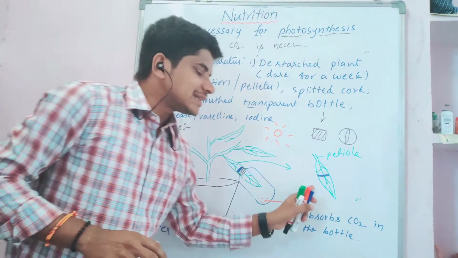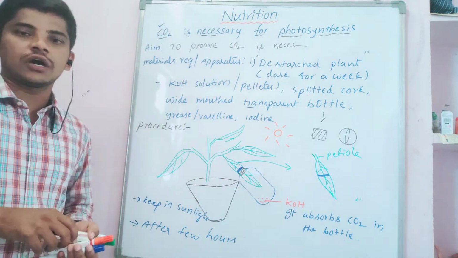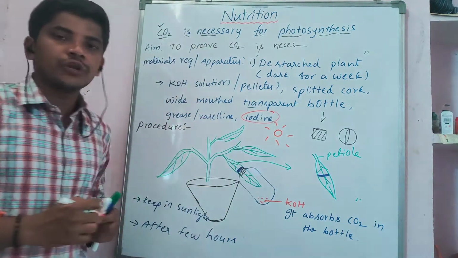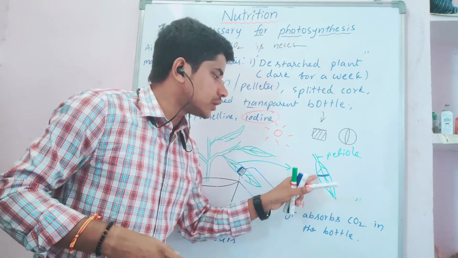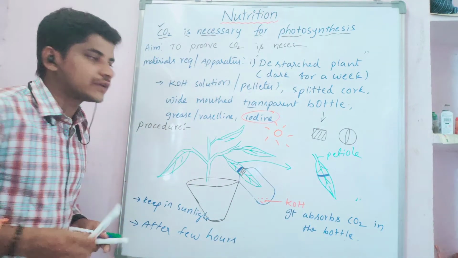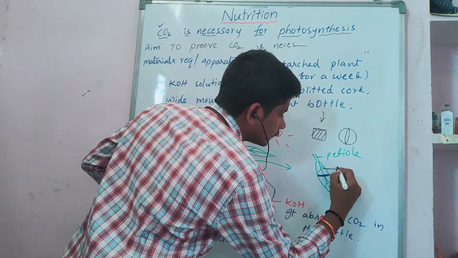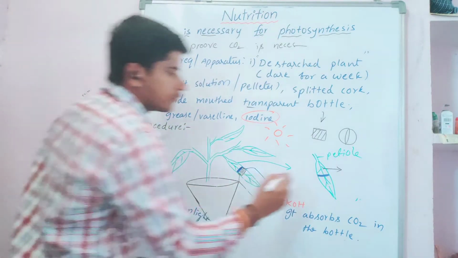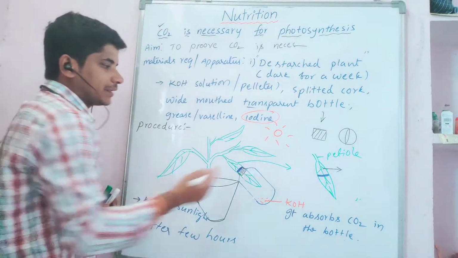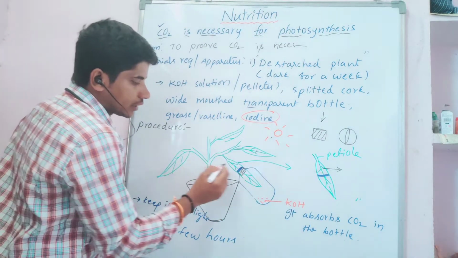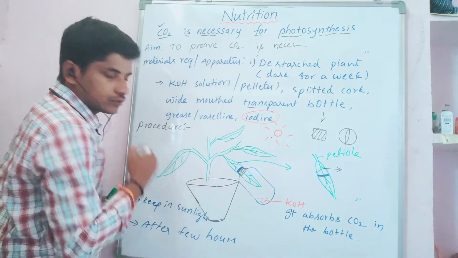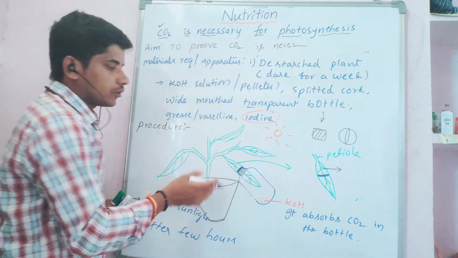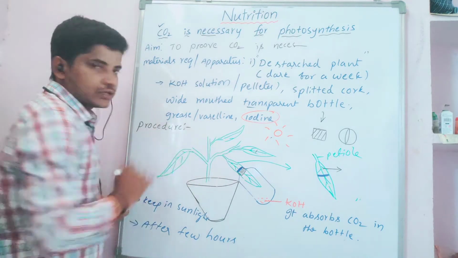Now test this leaf for the presence of starch with the iodine solution. When you pour iodine solution on that leaf, what changes can we see here? The half of the leaf which is outside the bottle is able to get all the requirements. It can get the sunlight, it can get water from the roots, and it can get carbon dioxide from the air because it is not kept inside the bottle, and the chlorophyll is already present in the leaf.